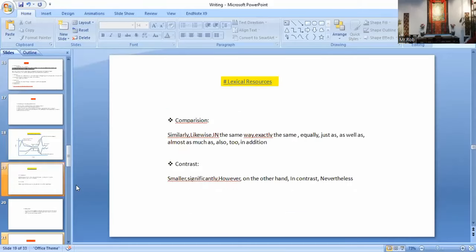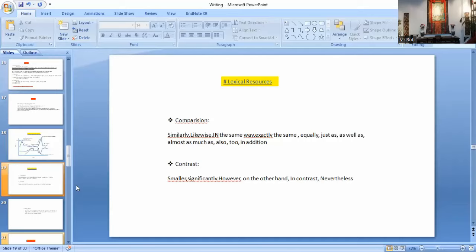Now, another important parameter for writing is lexical resource or vocabulary. So you have to use the right forms of vocabulary.